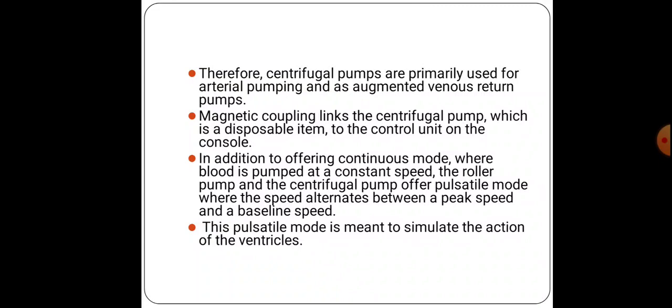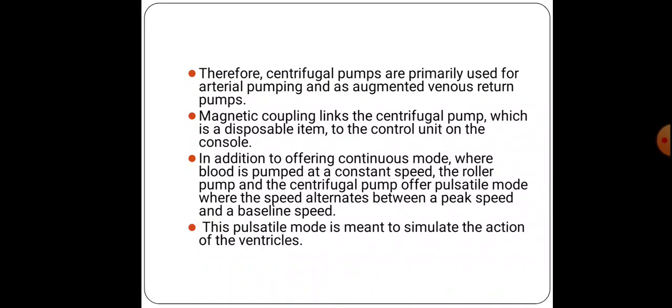Normally the roller pump and the centrifugal pump provide the pulsatile mode. This pulsatile mode is meant to stimulate the action of the ventricles, because whenever you consider the heart, there will be contraction of the right atrium, then based on the contraction of the right atrium the blood will flow to the right ventricle.